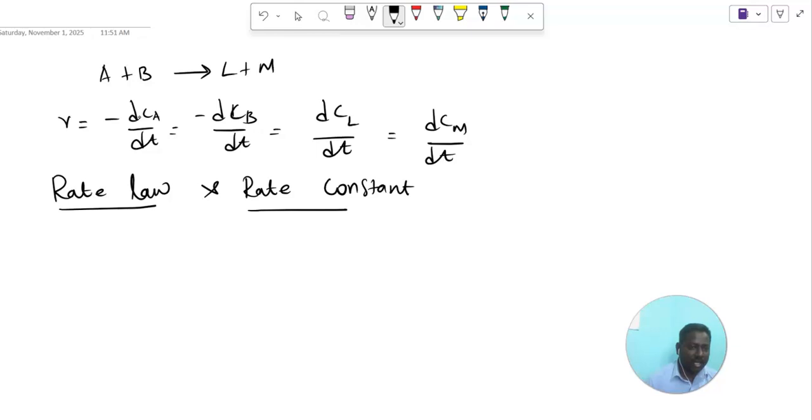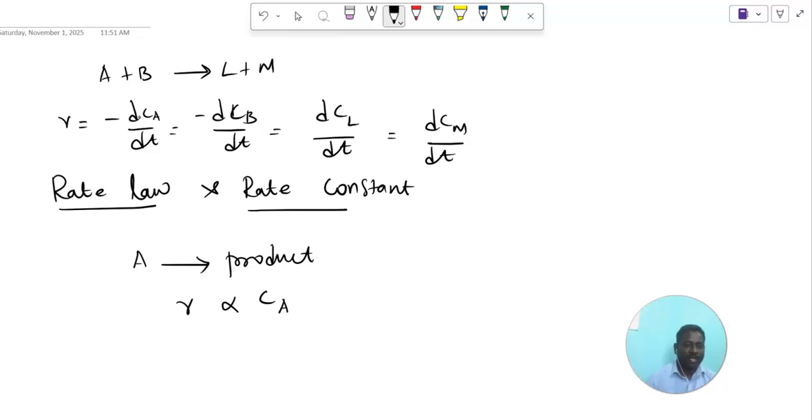To understand rate law, let us consider a reaction A gives product. The rate depends on the concentration of reactant A. If the concentration of A is higher, the rate will also be higher.